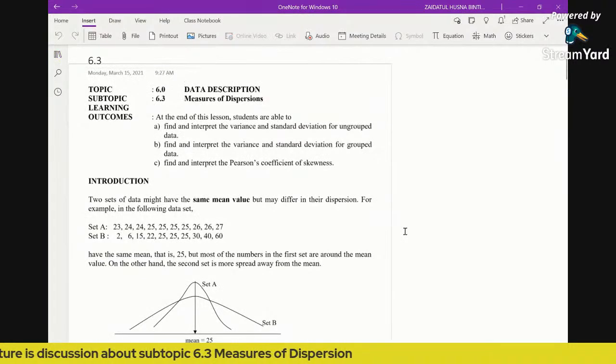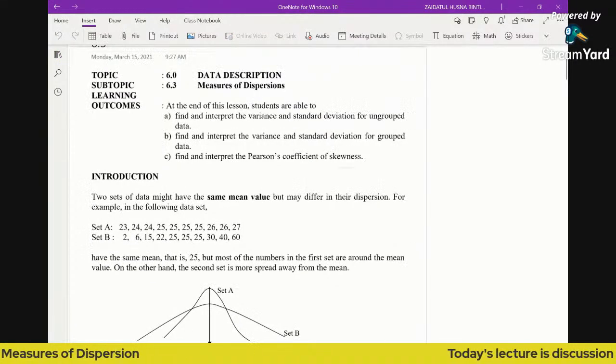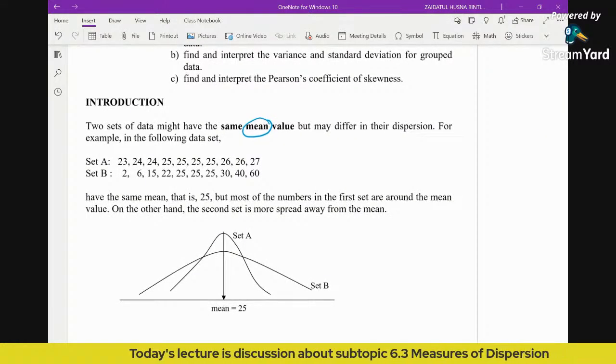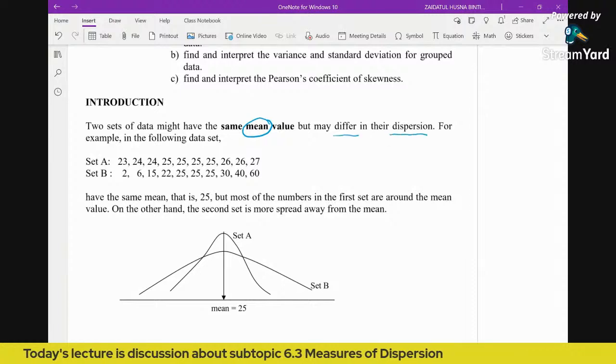So, introduction. Two sets of data might have the same mean value. In terms of the average, they may have the same mean, but they may differ in their dispersion.